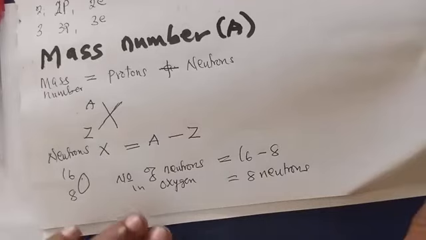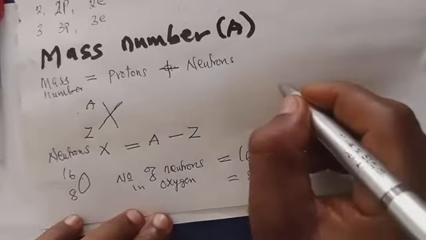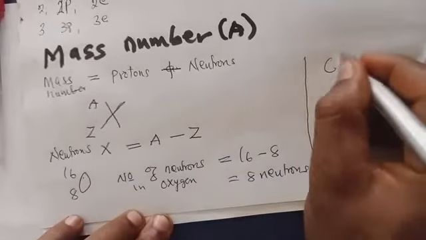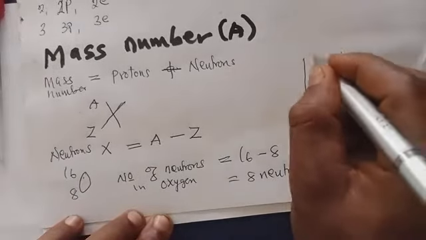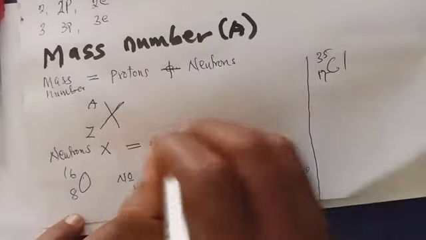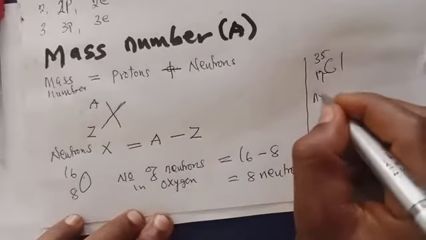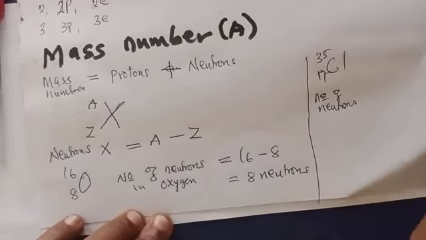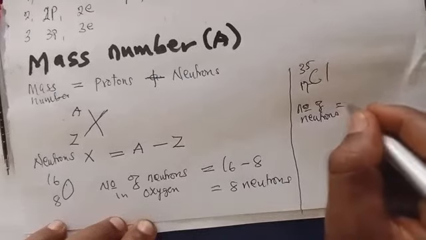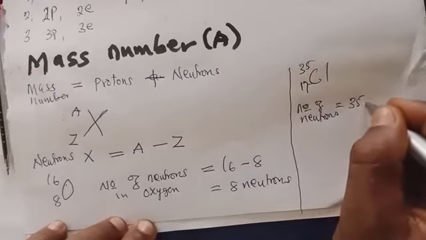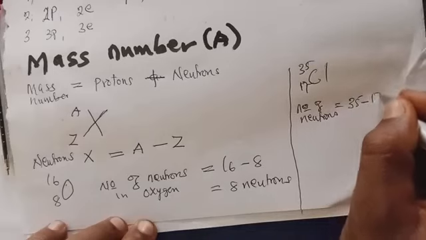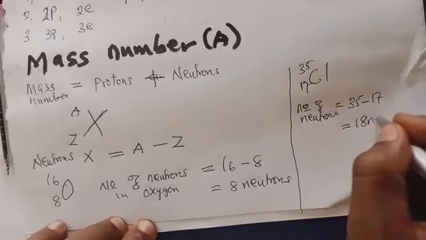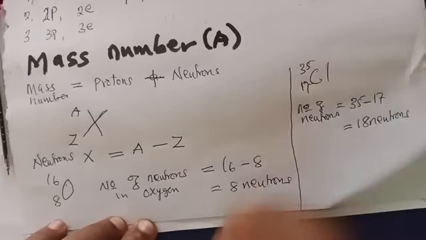Also, we have chlorine 17 with mass number 35. Number of neutrons will be equals to 35 minus 17, and this will be equals to 18 neutrons.